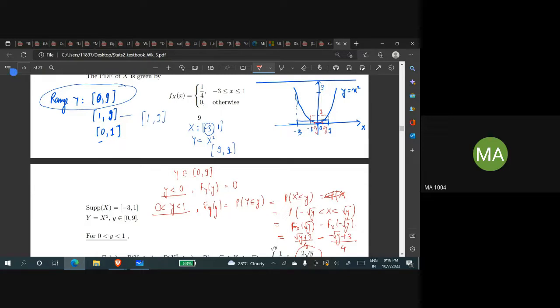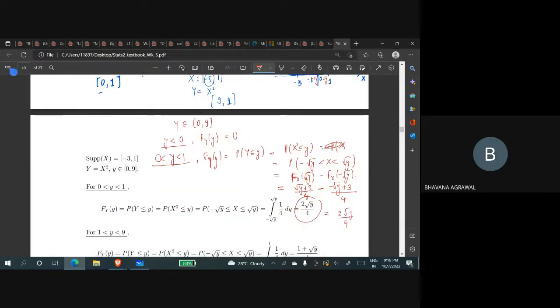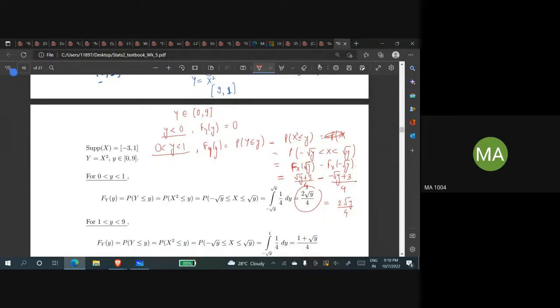Ma'am, where does the 3 by 4 come from? Can you explain root y plus 3 by 4? So x was uniform in minus 3 to 1. You know that in case of a uniform distribution, your CDF is given as x minus a upon b minus a, right?